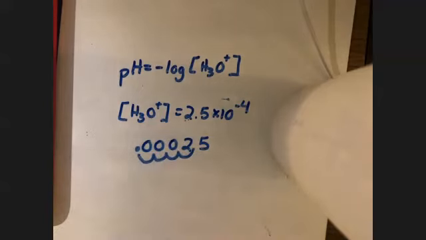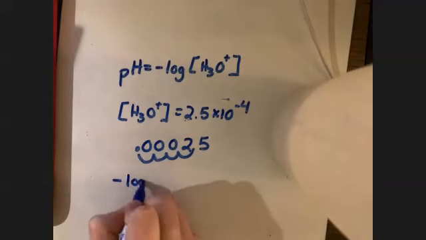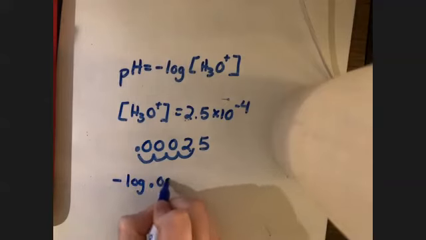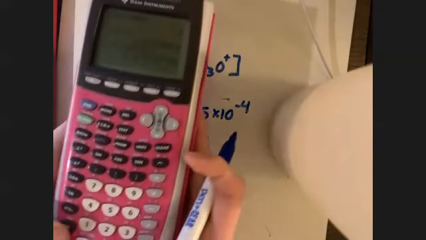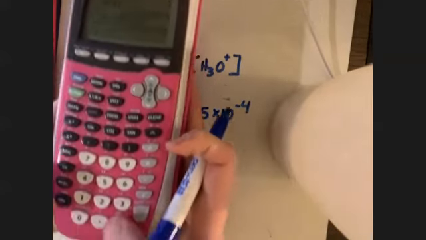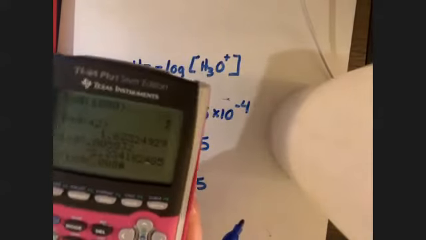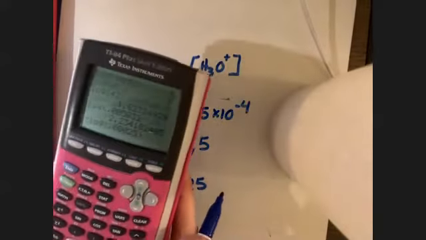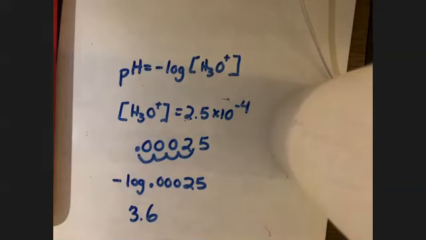So this is what we're going to put on our calculator: negative log of 0.00025. I'm using my negative button down here at the bottom, log 0.00025, close that up, and I get 3.6, again nearest tenth.